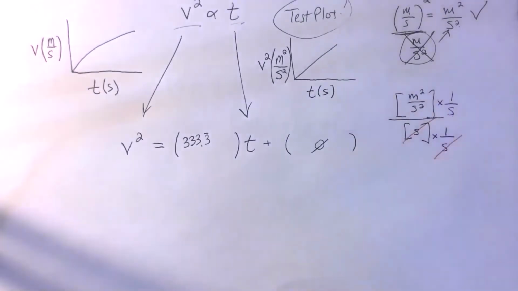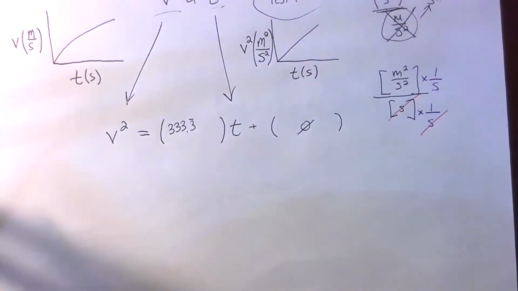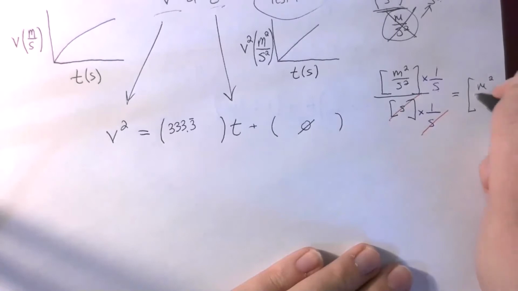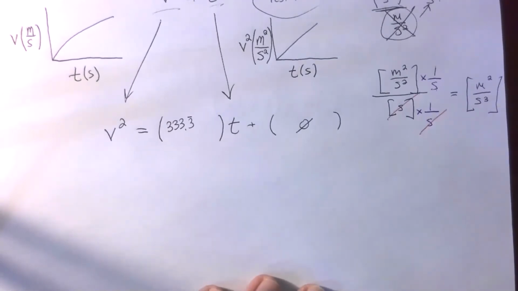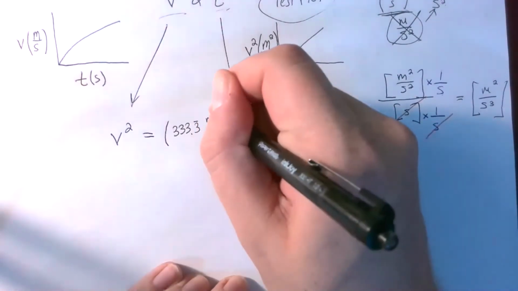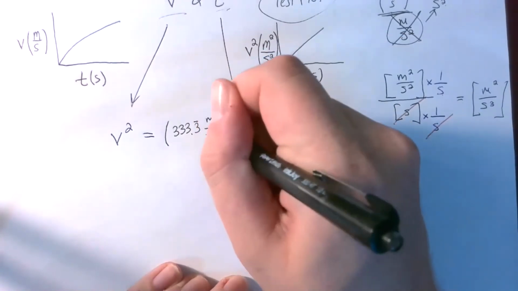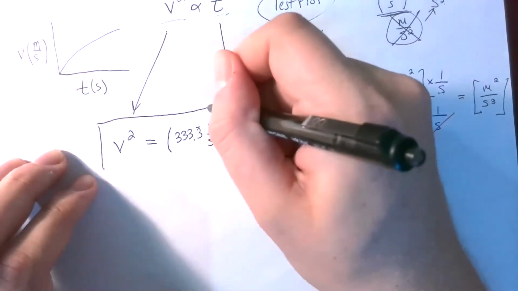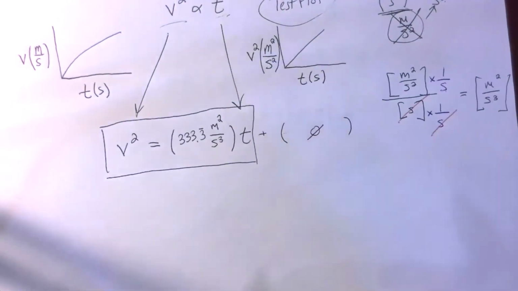S squared times s is s cubed. So the units that we're left with here are meters squared over seconds cubed. And so that's what I'm going to put here, meters squared over seconds cubed. And so this becomes the final equation. Remember, we don't need the intercept.